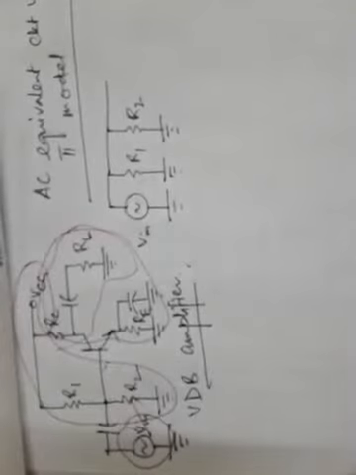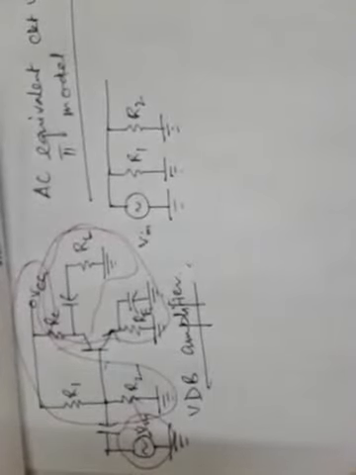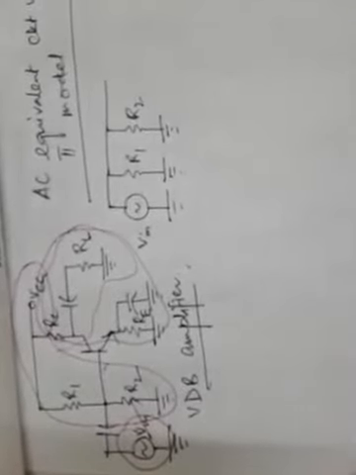And you know from the pi model that the base emitter junction of the input circuit is represented by a resistance, the AC emitter resistance represented by RE dashed, so this will be represented by a resistance of value beta AC times RE dashed.